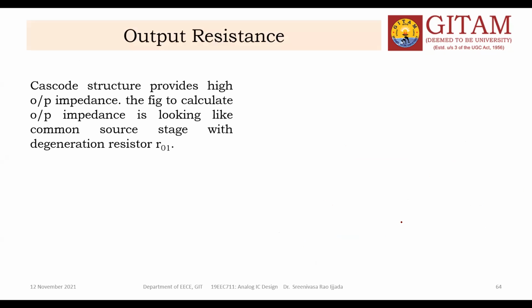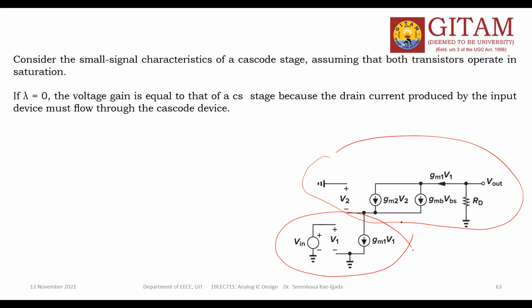Output resistance for the same configuration: how to find it? Output resistance is nothing but output voltage by output current.